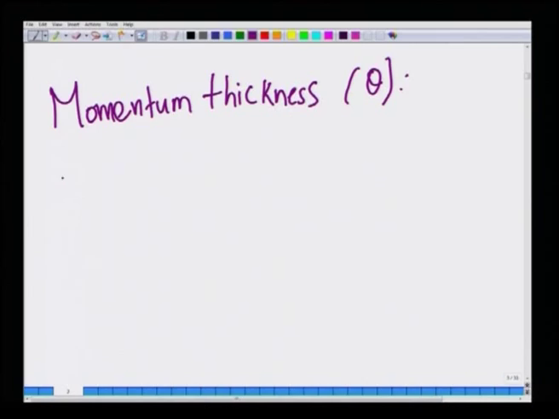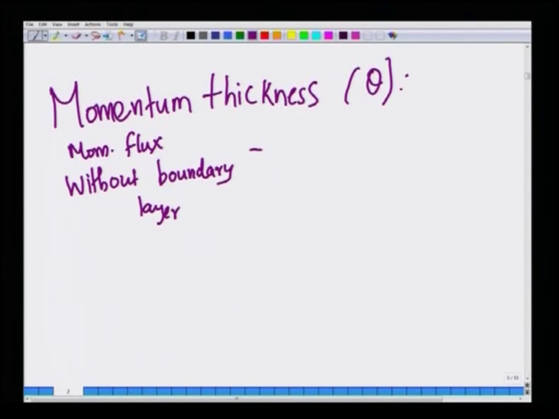So, without the boundary layer, the momentum flux is nothing but integral 0 to infinity.